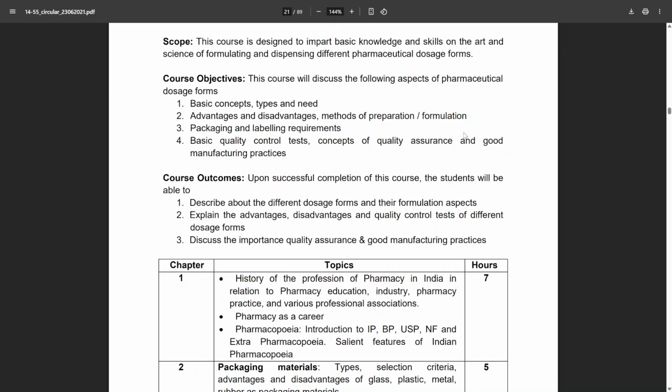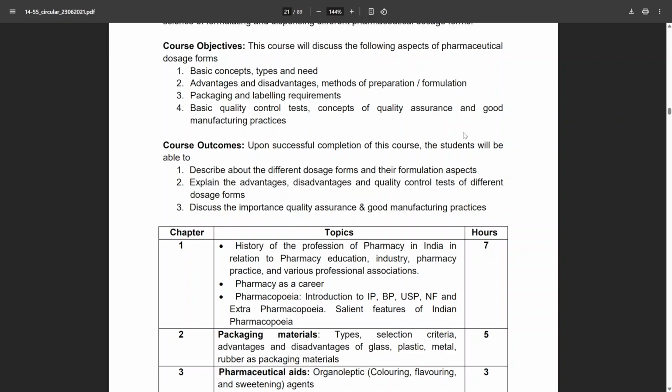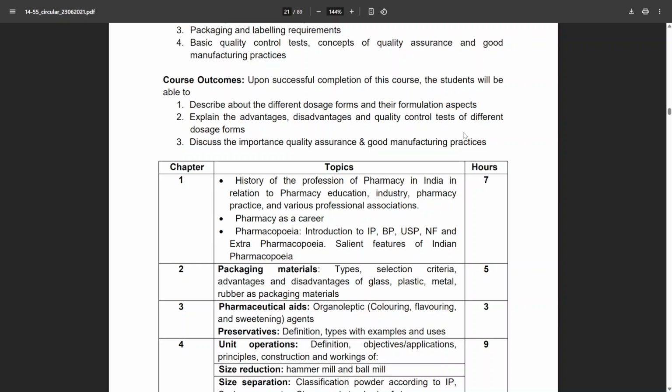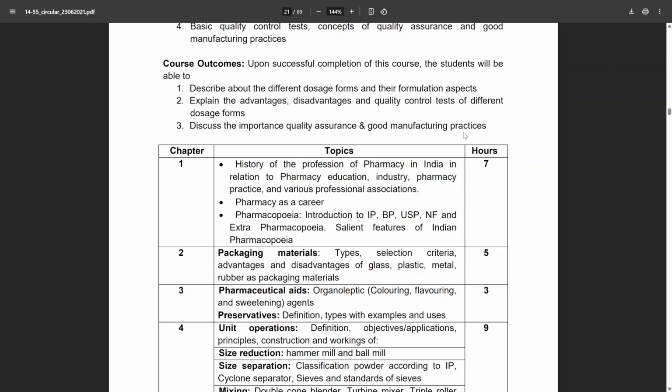Basic quality control tests, concepts of quality assurance and good manufacturing practices. Course outcomes. Upon successful completion of this course, the students will be able to describe the different dosage forms and their formulation aspects, explain the advantages, disadvantages and quality control tests of different dosage forms, and discuss the importance of quality assurance and good manufacturing practices.